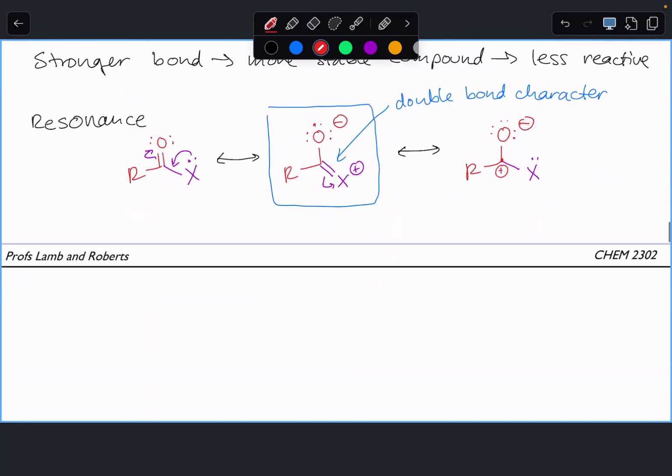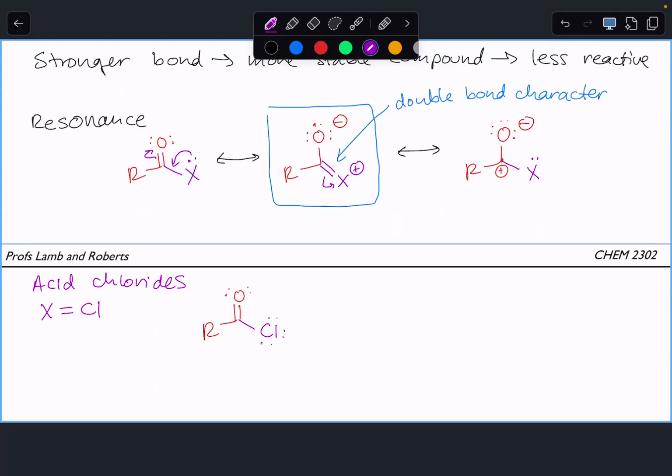All right, so let's start with acid chlorides. So for acid chlorides, X equals chlorine. All right, so let's draw out our two resonance structures here. Here's our acid chloride. So our Cl has 3 lone pairs.